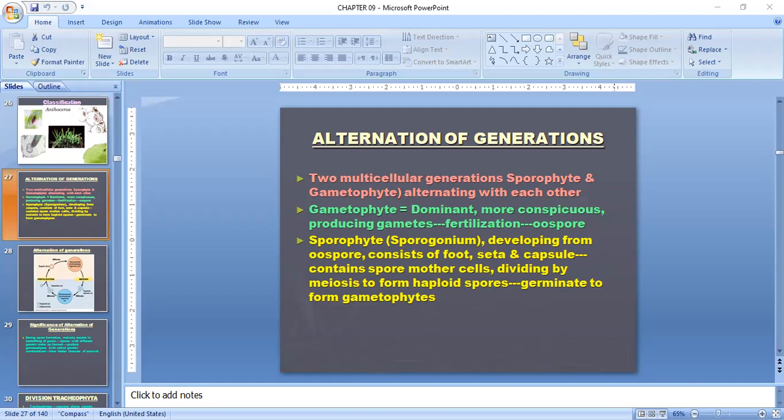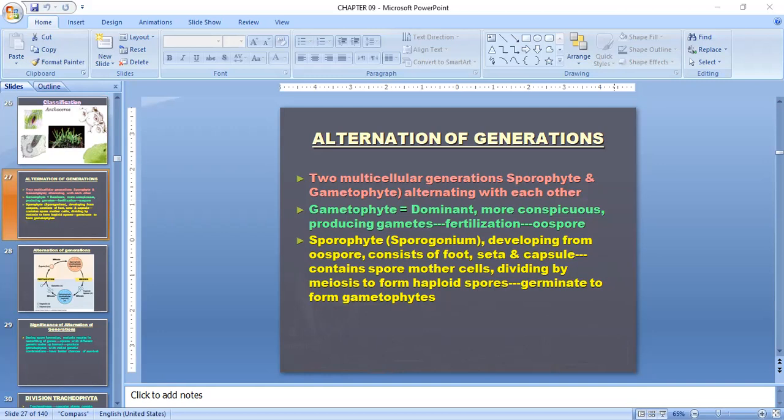Now, what is the importance or significance of alternation of generation? During spore formation, meiosis results in the reshuffling of genes. That's during prophase 1 of meiosis, it results in the mixing of the genes, the recombination and the crossing over of the genes, and it gives rise to formation of recombinants or new types of genes.